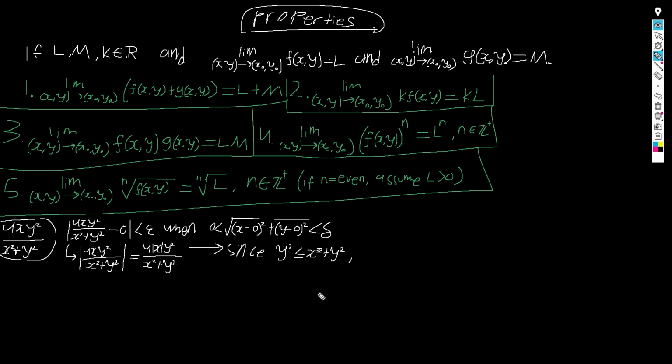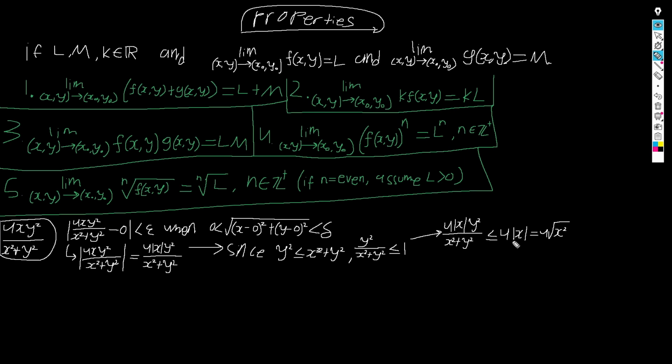We next need to observe that since y squared is always less than or equal to x squared plus y squared, if we divide both sides by x squared plus y squared, we get that y squared over x squared plus y squared is less than or equal to 1. If you multiply both sides by 4 times the absolute value of x, we get this.